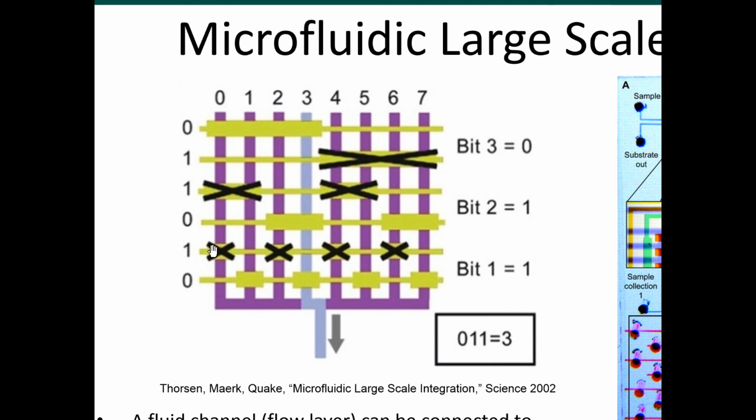So if we want to select one channel out of 8, if you want to think of a divide and conquer scheme, the first bit is telling you whether it's greater than 4 or less than 3. By setting bit 3 equal to 0, you're closing off all 4 of these channels.